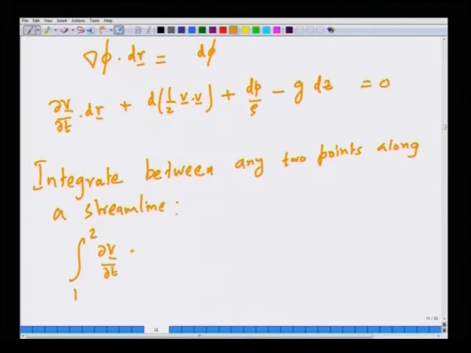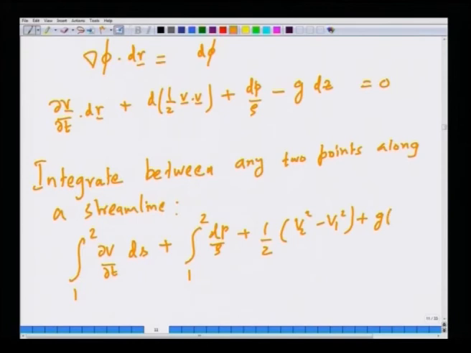Okay. This is the arc length along the streamline. So, it becomes a scalar, plus integral dp by rho plus half v2 squared minus v1 squared plus g times z.